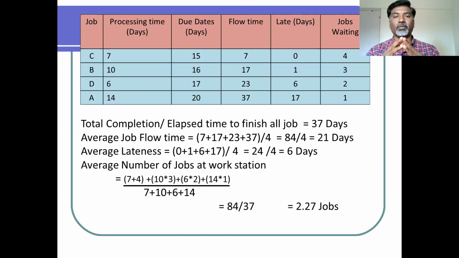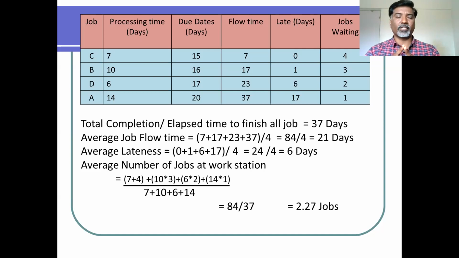The average number of jobs at workstation can be calculated by the formula: processing time of each job multiplied by the number of jobs waiting at that time, summed up. Putting in the values, you get 7 into 4 plus 10 into 3 plus 6 into 2 plus 14 into 1, whole divided by the total processing time, that is 7 plus 10 plus 6 plus 14.